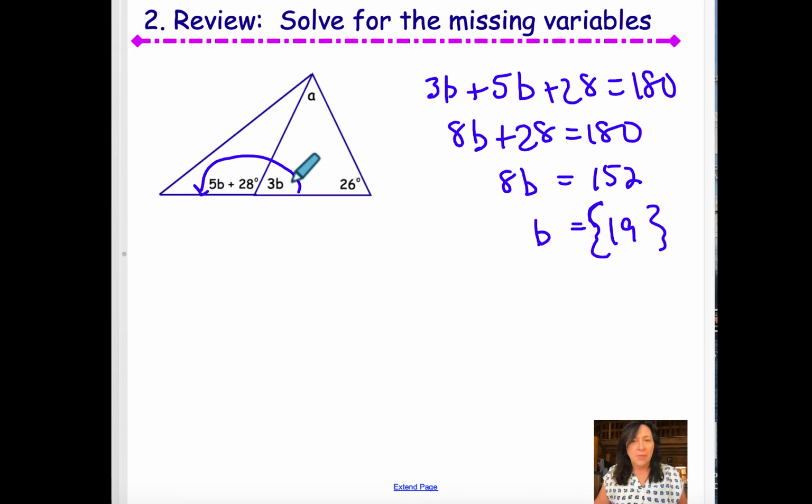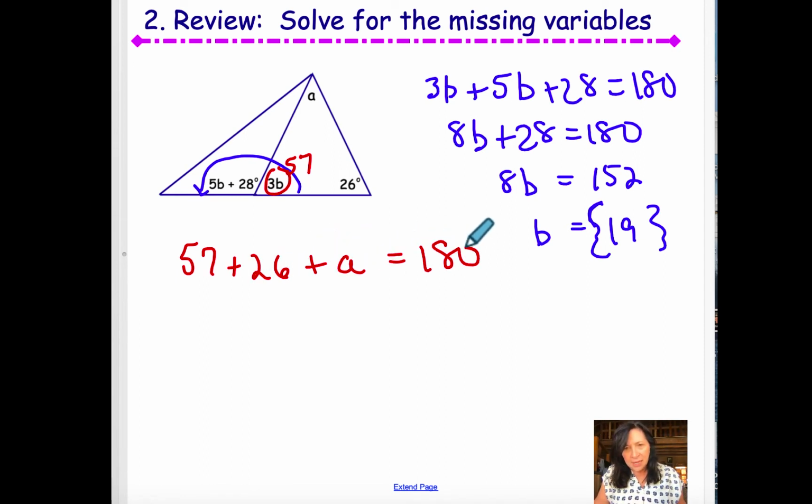So now I know that b is 19. So actually now I can say that 3 times 19 is 57. So this angle here, which is 3b, is actually 57. And so I know that 57 plus 26 plus a is equal to 180.